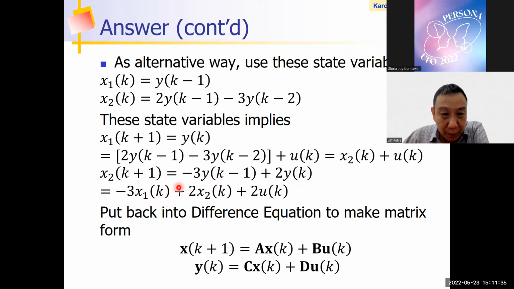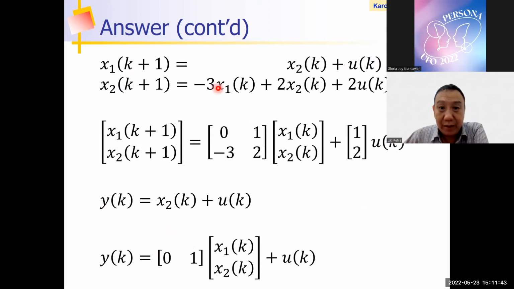You will get 3yk minus 1 plus 2 of yk. You put it back into x1, x2 and u, and then you will get this kind of form again. Of course, the result is not the same. You see, the result is not the same. The same thing with this: because this is not the same, the y equals cx plus du is also different.